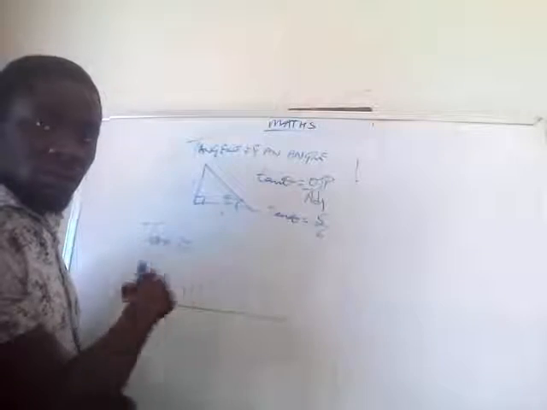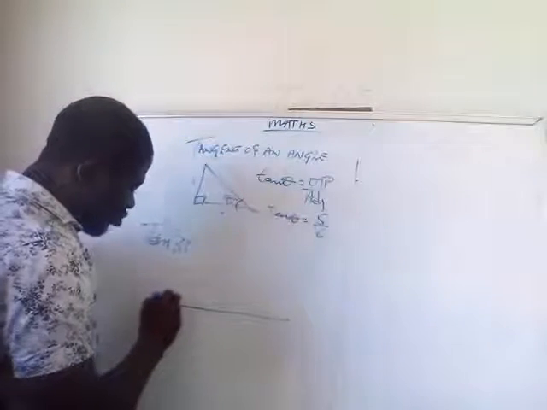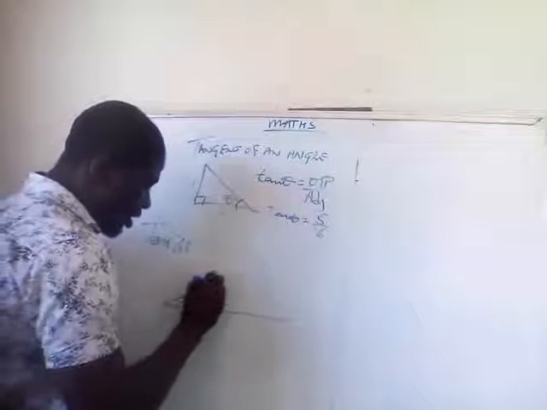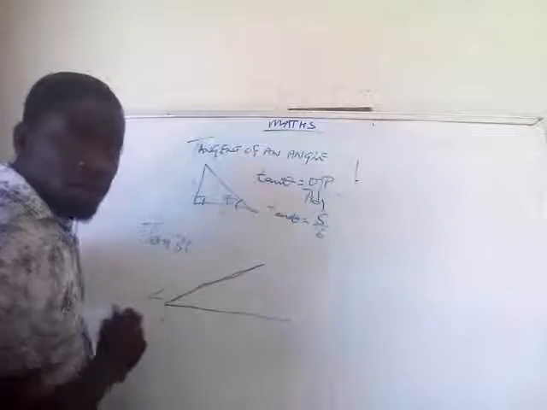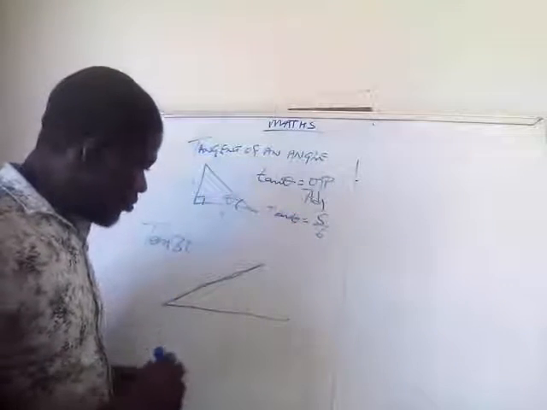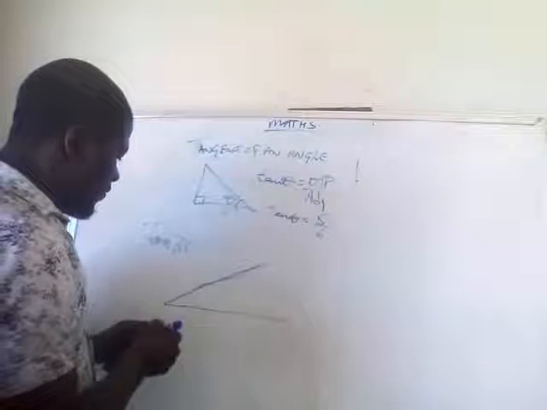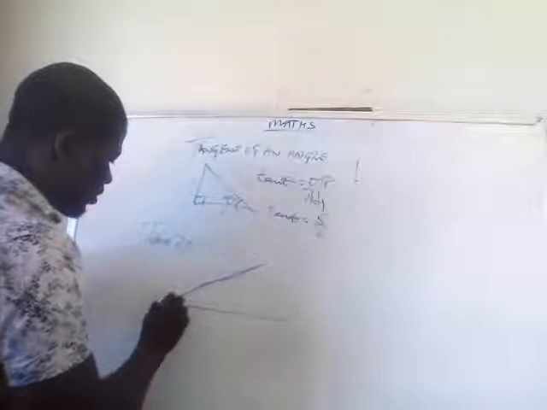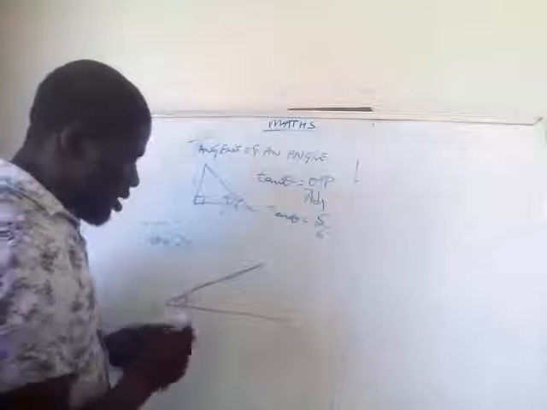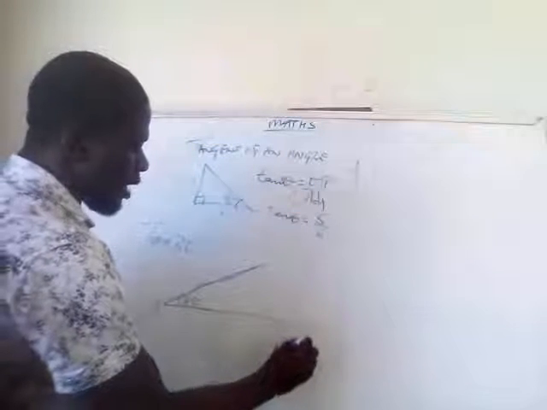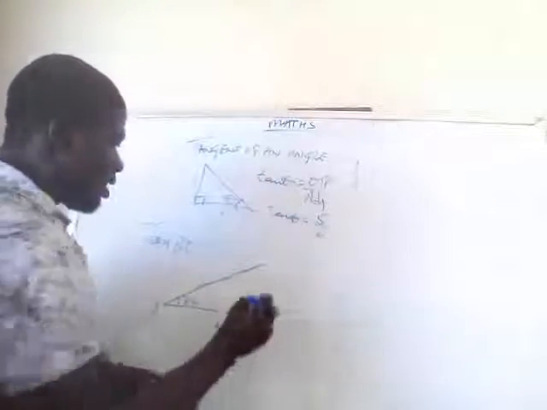When it gives you 30 degrees, it will be something like this, a freehand sketch. Here is A. We know that here is 30. We call here X, and this place Y.